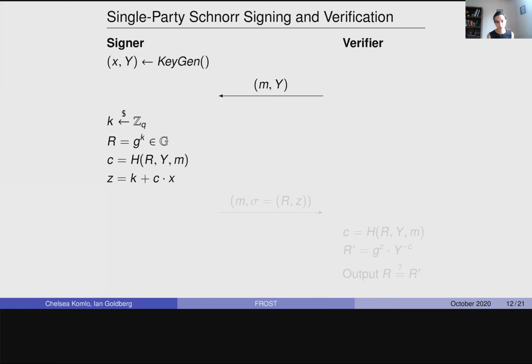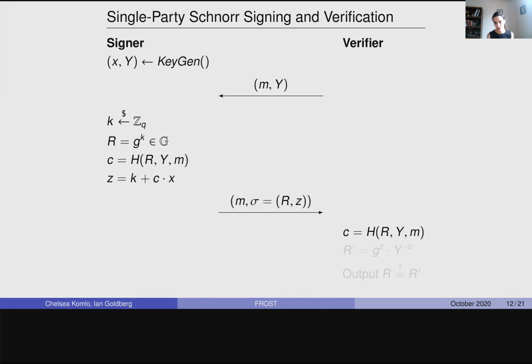And then their response is essentially just using this nonce in combination with the challenge and their long-lived secret key, this X value. And so then their signature over this message M is essentially this public commitment R, and then their response Z.